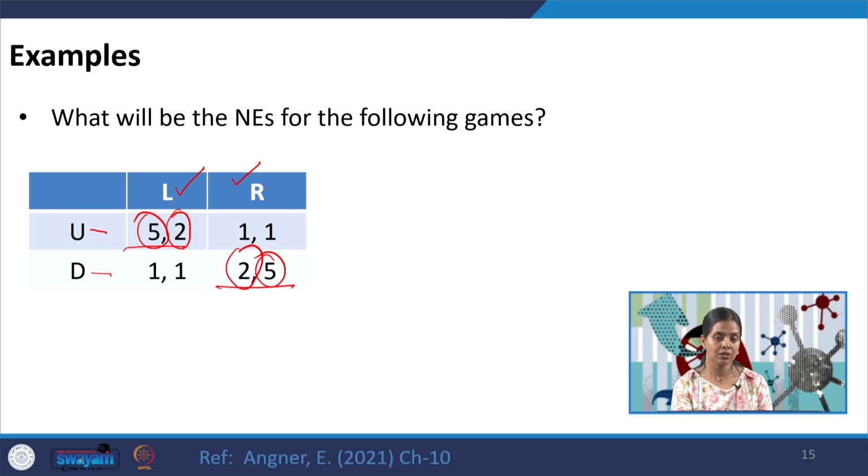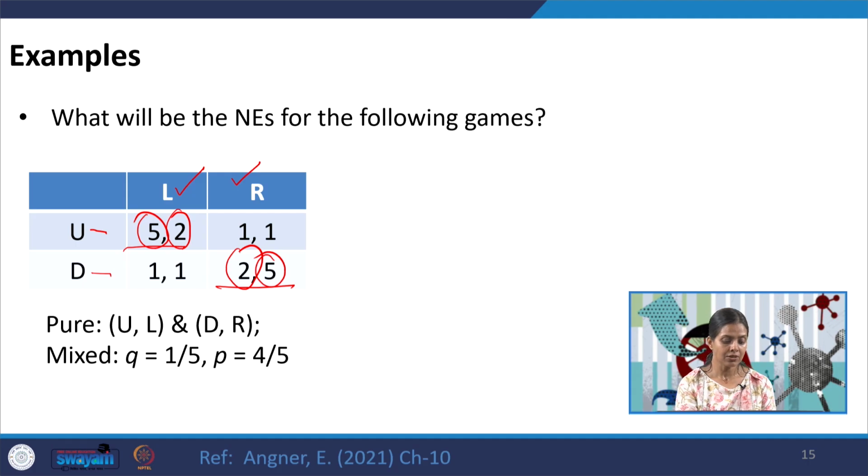We can also in a similar fashion calculate the mixed strategy equilibrium. The mixed strategy equilibrium would be calculated as Q equals 1 upon 5 and P equals 4 upon 5.